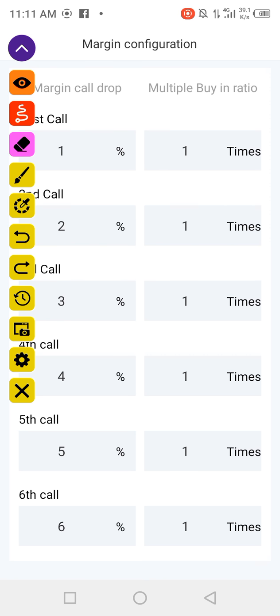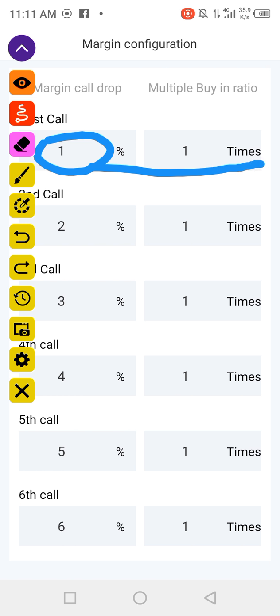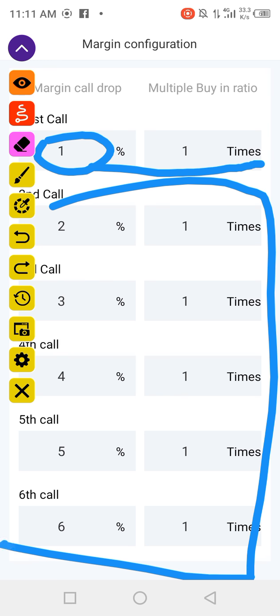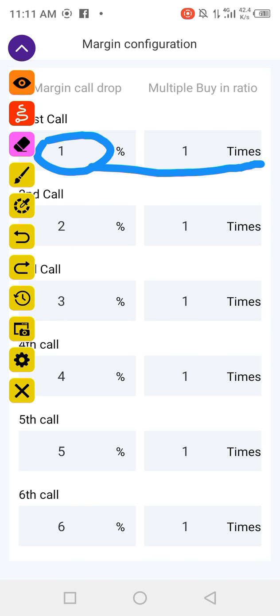Okay. So if it drops the first call after the initial purchase, it takes the first position. This is what I call the position. The market will be in this position. All these other sections are not existing in the market. All right.